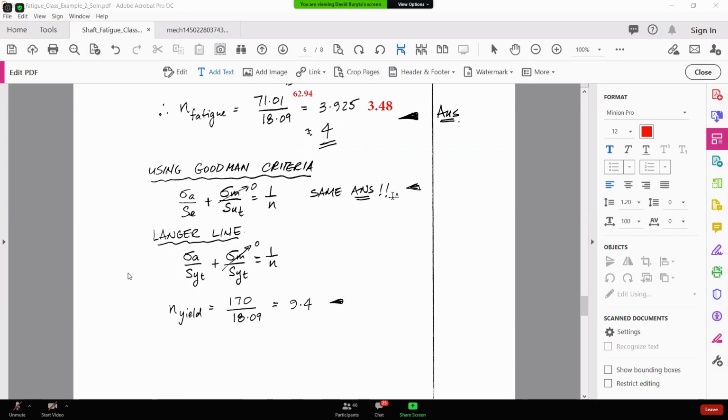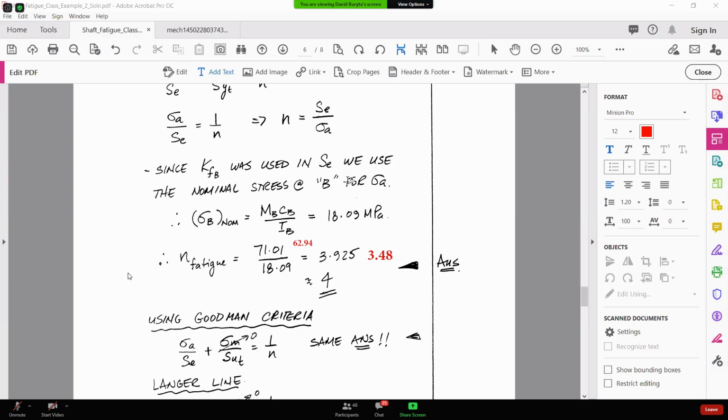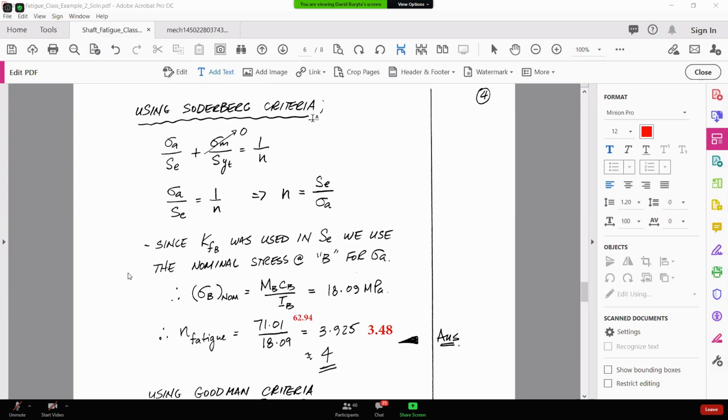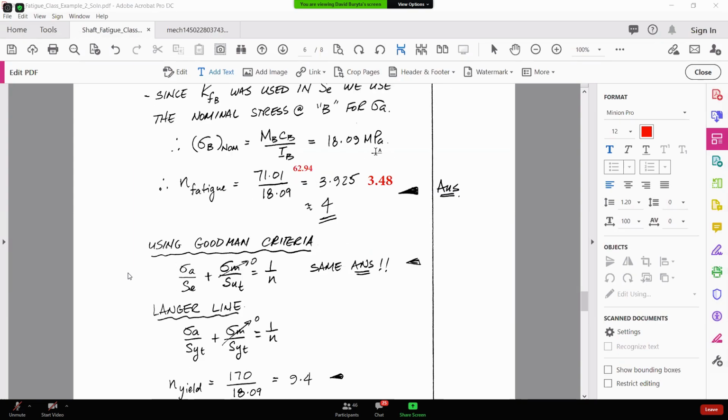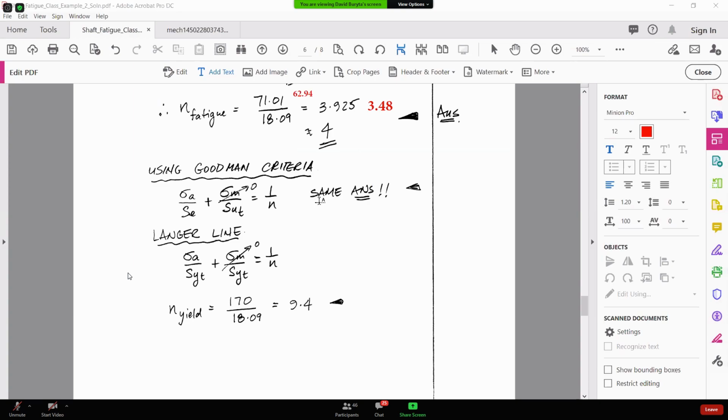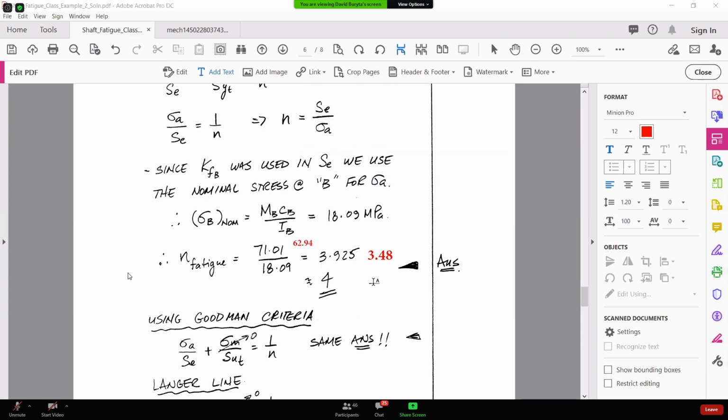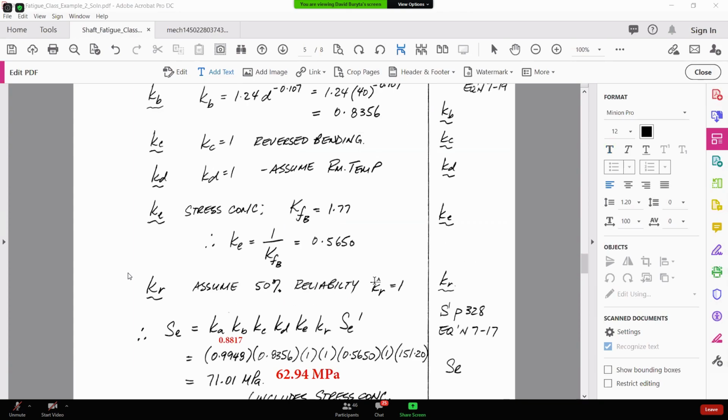Even though we use the Soderberg criteria up here, which takes care of cycle yielding, and the Goodman criteria here, if we wanted to find the factor of safety against yielding, the difference is that your alternating component is based upon the Syt. Here I use the nominal stress.